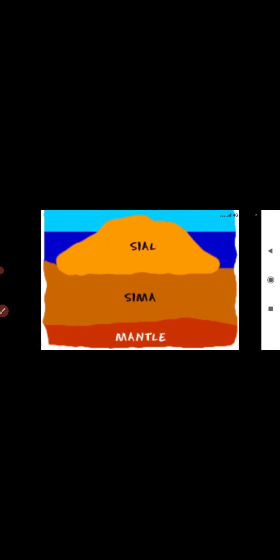When he was giving his idea, some more questions were raised, like why do earthquakes take place? What he said was that when there is friction between Sial and Sima, as we know, Sial floats on Sima, as told by Wegener, there may be some friction, and due to this reason, earthquakes are caused. This was a simple idea.